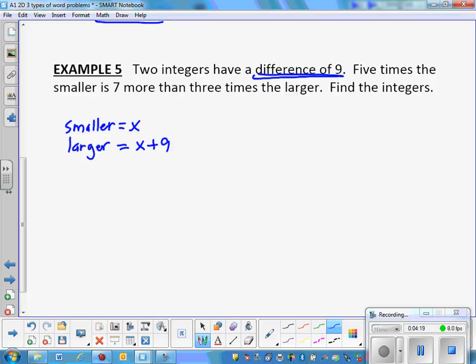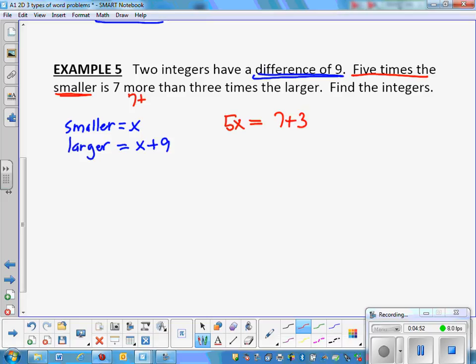All right, so now we're going to go to the second sentence. I have 5 times the smaller, and the smaller is x. So 5 times x is, remember, is equals 7 more than, so that's 7 plus 3 times the larger.